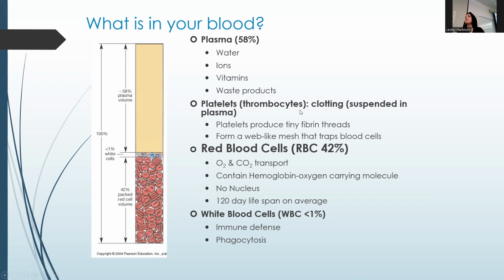And then we have the red blood cells, which are the second largest portion of the blood. The red blood cells, 42%. And of course, a red blood cell carries oxygen and carbon dioxide. It doesn't have a nucleus.